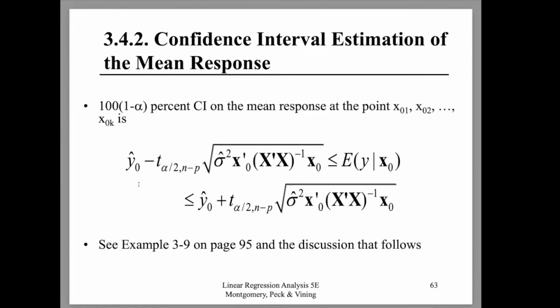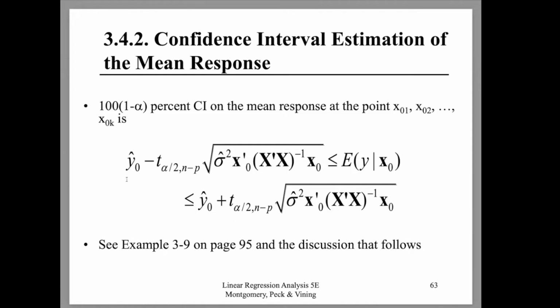You can see here that the confidence interval has the same basic form. We start off with a point estimator for the quantity to be estimated. In this case, what we want to estimate is the expected value of the response given particular values of the explanatory variables. The point estimate for that is denoted here by y hat sub 0. We'll see how to compute that in a second.